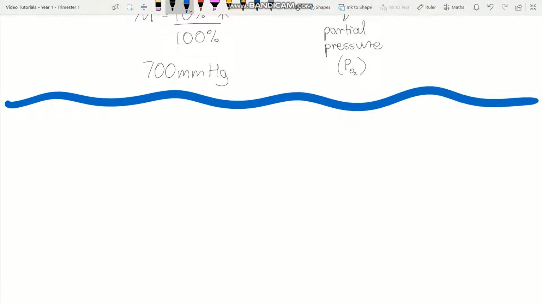Henry's law, on the other hand, is a law that dictates that the diffusion of gases is dependent on not only the solubility of the gases, but the pressure and temperature.